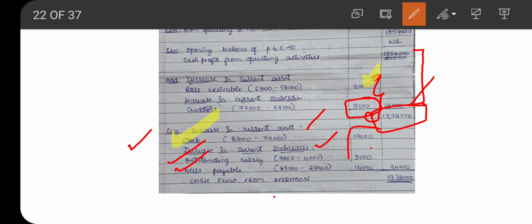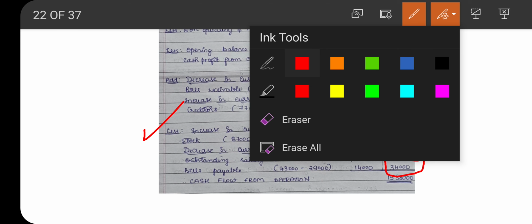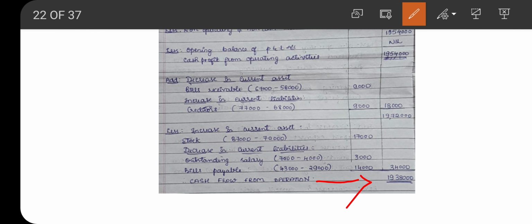So we need to consider the difference amount, how much has been decreased. The total comes to 34,000. So from 19,72,000 we need to deduct 34,000, that is 19,72,000 minus 34,000. So cash flow from operation will be 19,38,000.